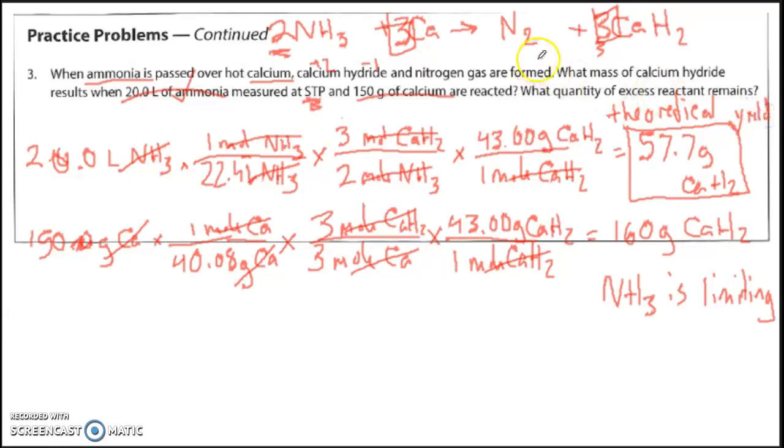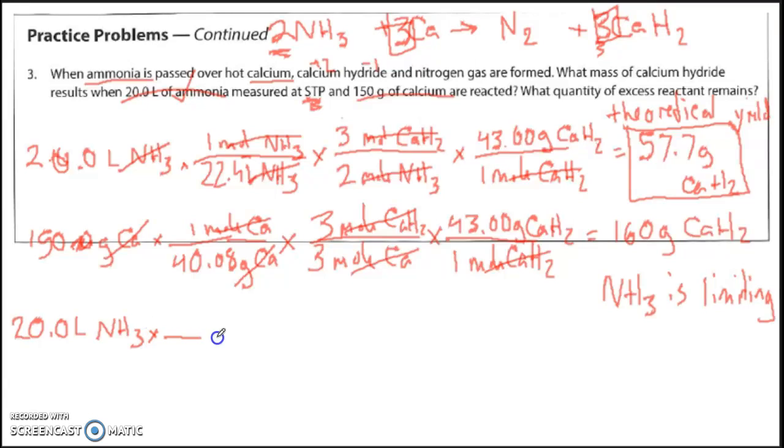And then the second part of the question says, what quantity of excess reactant remains? Well, the excess is calcium. So that question is asking me, if I start off and use all 20 liters of ammonia, how much of the calcium do I use? That's a third problem. We start again with the limiting reactant, 20.0 liters NH3.